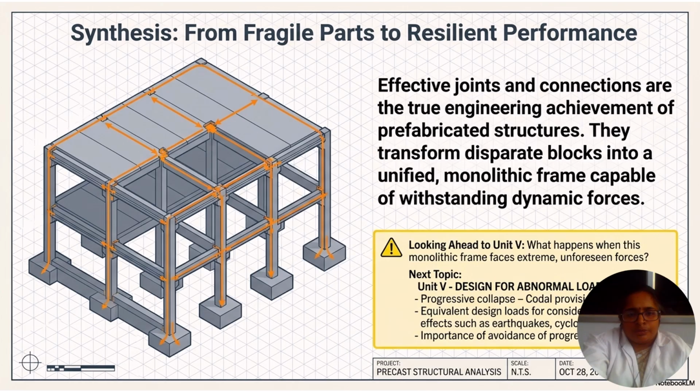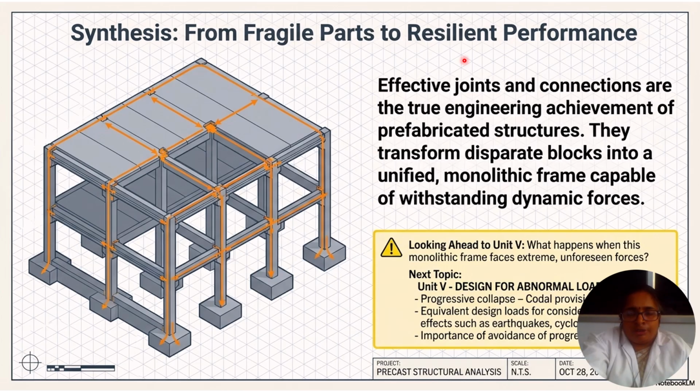This slide shows you how the fragile parts are combined to give a resilient performance. Though the prefabricated components are manufactured at a different site, they are assembled at the site where required, and transformed into a single monolithic structure with the help of joints and connections.